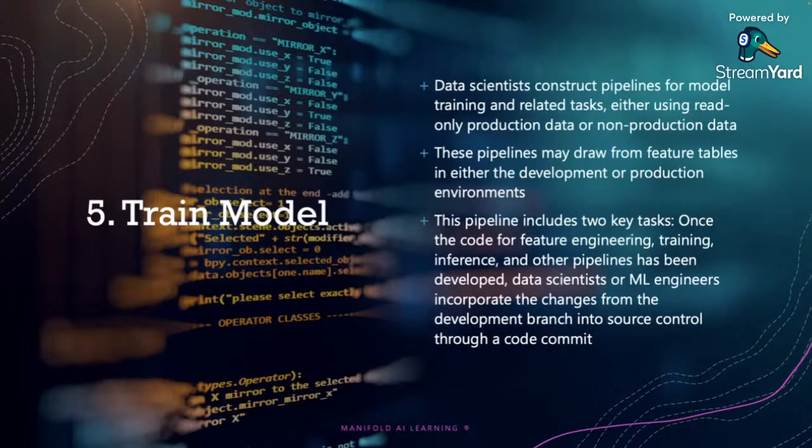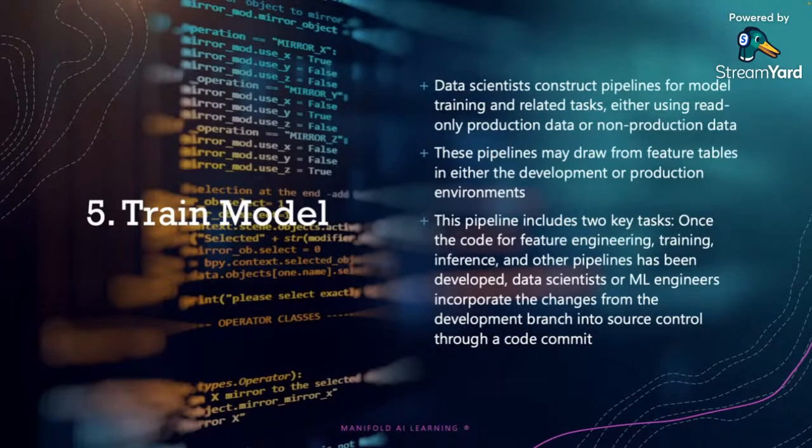Okay, so once the code of the feature engineering, training and inference and other pipelines has been developed, the data science or ML engineers incorporate these changes from the development branch into the source control through a code commit. We'll perform the feature engineering, we'll perform the training, and once that is done, we'll go ahead and perform the inference.